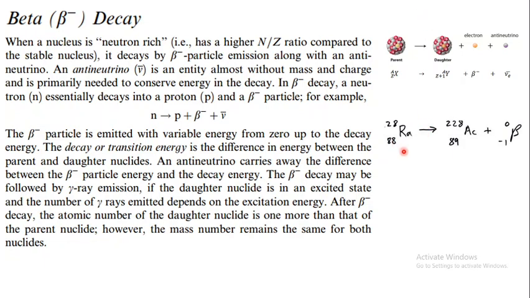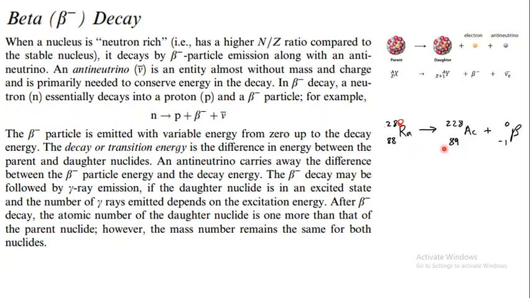Radium with atomic number 88 and mass number 228 undergoes this decay process, and one more proton appears.